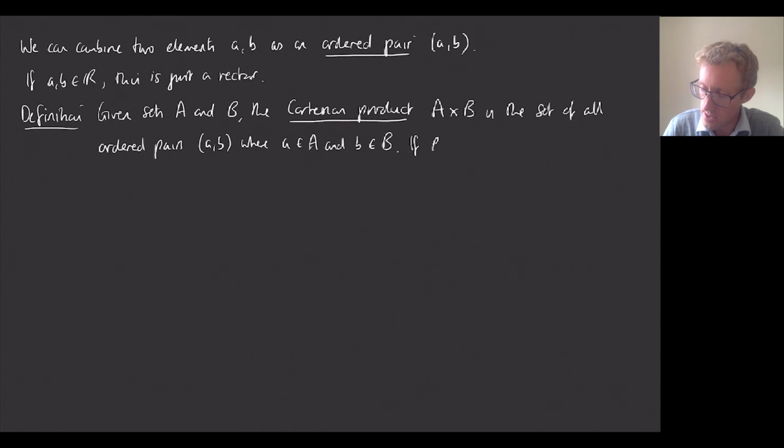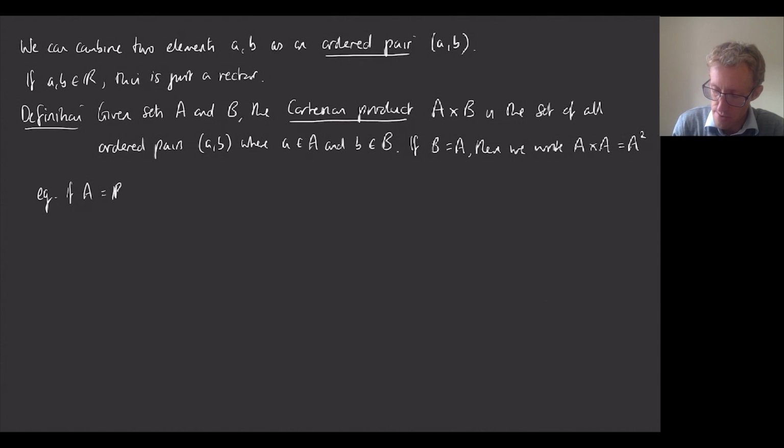If B is the same set as A, then we write A × A as A². We tend to pronounce that "A two" rather than "A squared" in this context. So for example, this is an important one that you'll see in geometry. If A is the set of real numbers, then the Cartesian product is ℝ², which is the set of points on a plane.